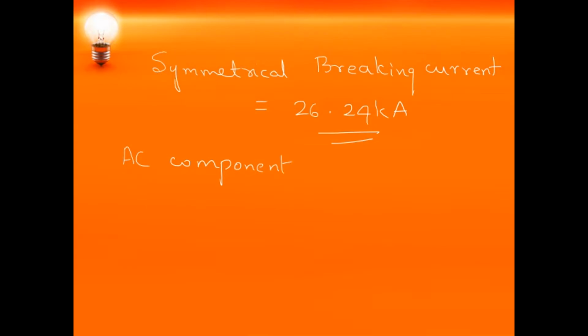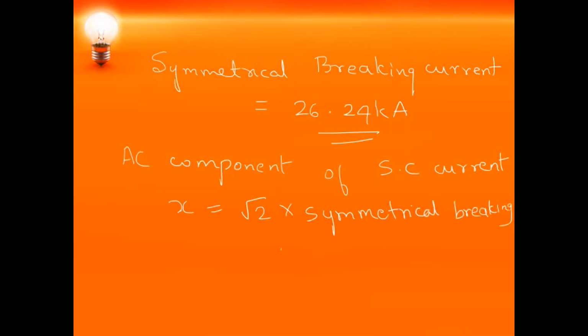After that, we will find the asymmetrical breaking current. The AC component of the short circuit current, say we'll write it as X, is root 2 into the symmetrical breaking current, which is root 2 into 26.24 kiloamps. So it is equal to 37.1 kiloamps.